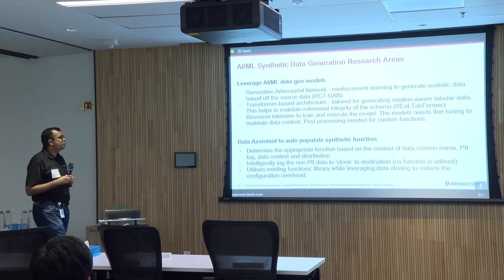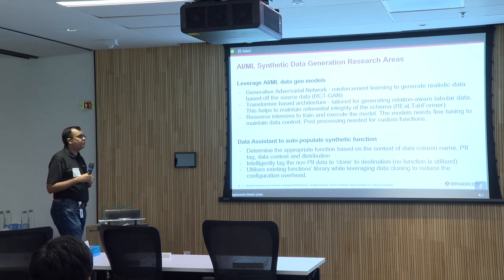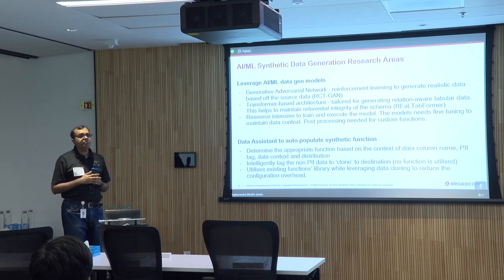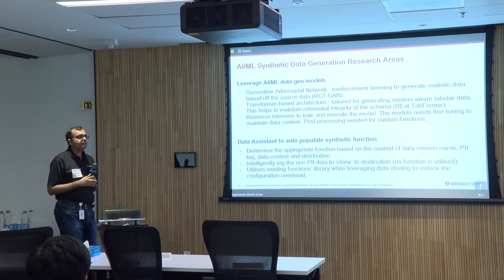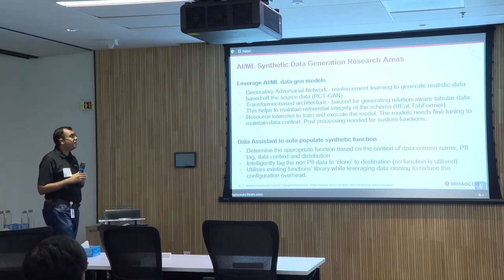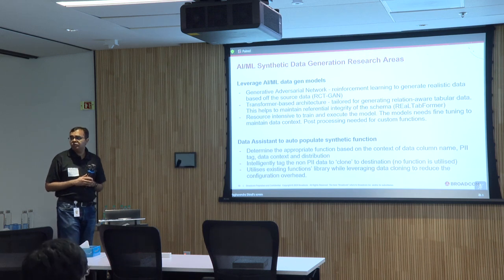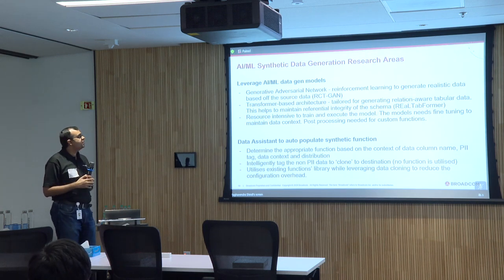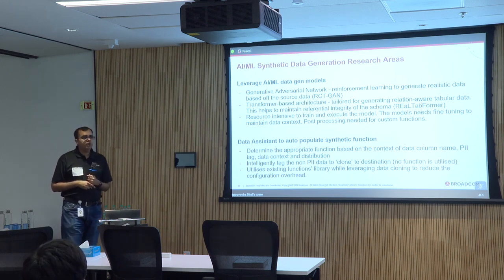So we have been working on three areas which I'll just cover in this slide. The first approach, which we almost finished the proof of concept, is around using AI and ML data generation models. And there is a wide gamut of models available out there, but we chose two. One is called a generative adversarial network. It's a neural network wherein there are two models.